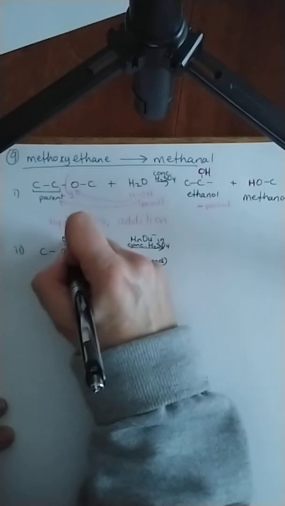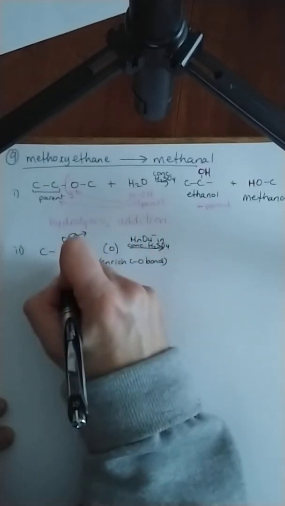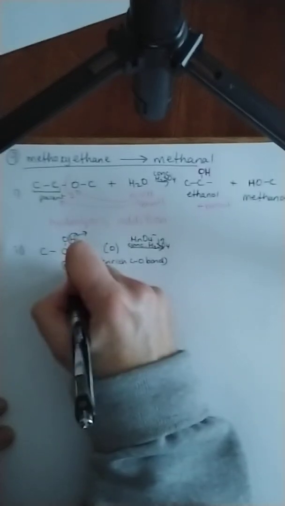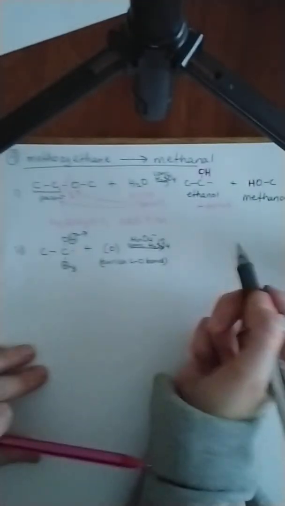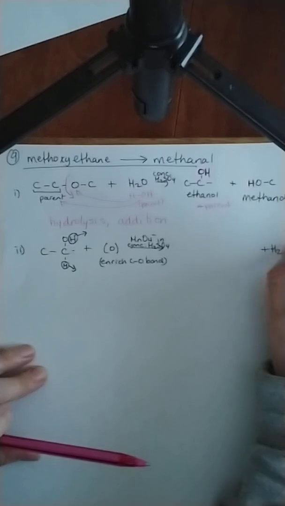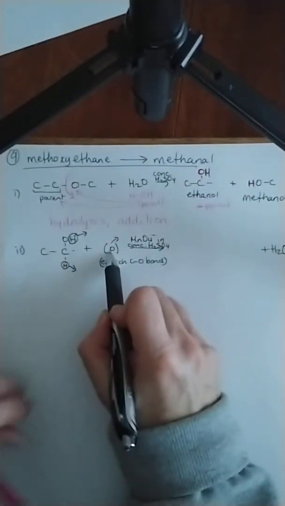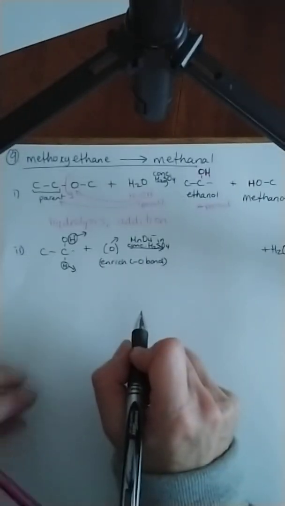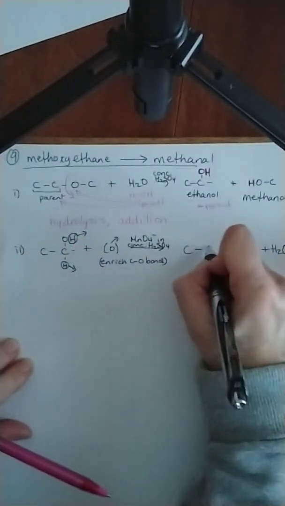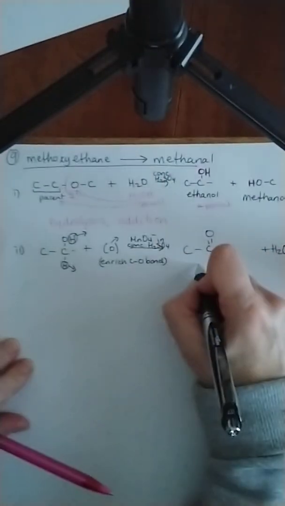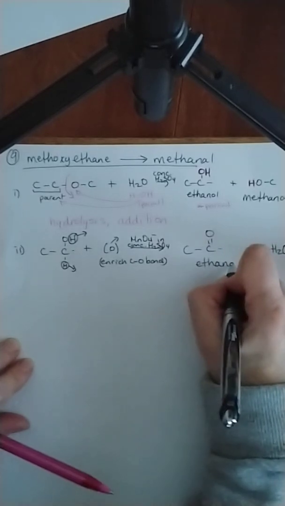So we're going to eliminate this H. We're going to eliminate this H. It doesn't matter, this one or this one. So we know we're going to get water on the other side because those H's are going to pick up some oxygen from our rich source of permanganate ion. And then we're going to form a double bond in between the C and the O. And now I have ethanal.